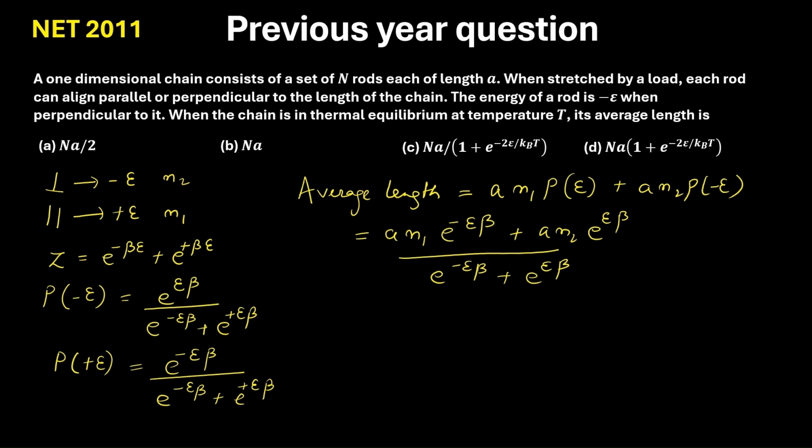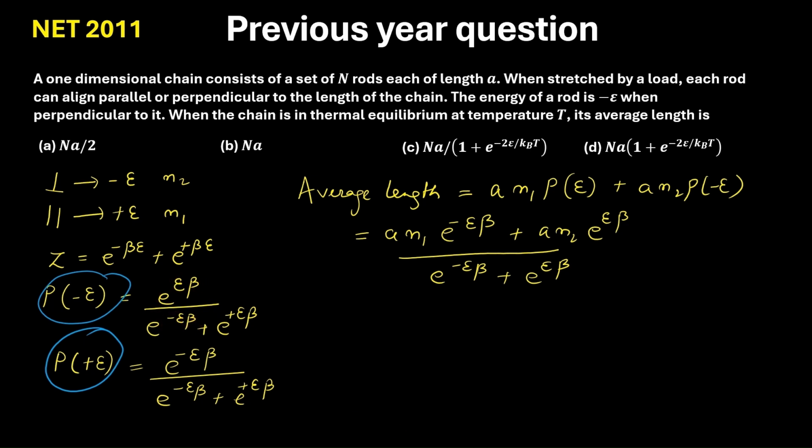If we consider these two probabilities, the denominator factors are the same, but in the numerator, one is exponentially decreasing and one is exponentially increasing. So this term will dominate over this term. So we can say that most of the rods will be in this configuration.